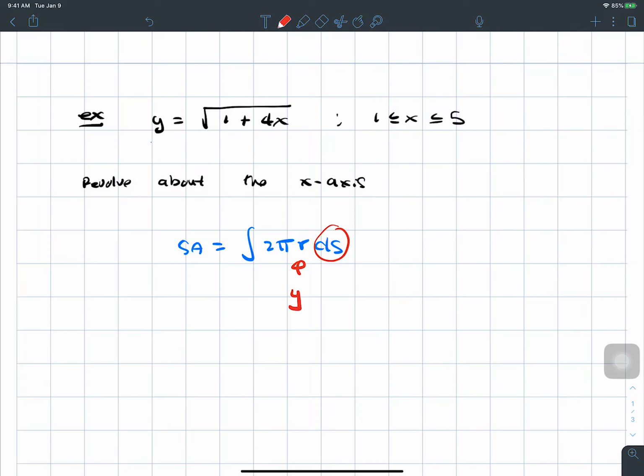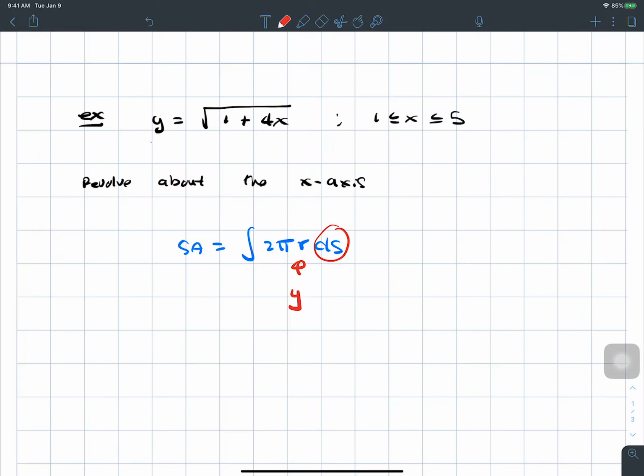But in this case, because we have a function of x, we're going to use the one that ends in dx. So this becomes the square root of 1 plus (dy/dx) squared dx. Now that's good because we're going to need to find this dy/dx, and we already have y as a function of x, so we're on our way.